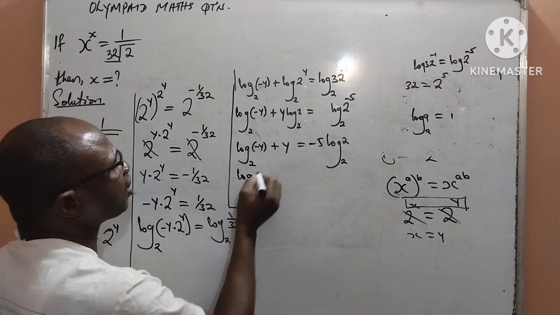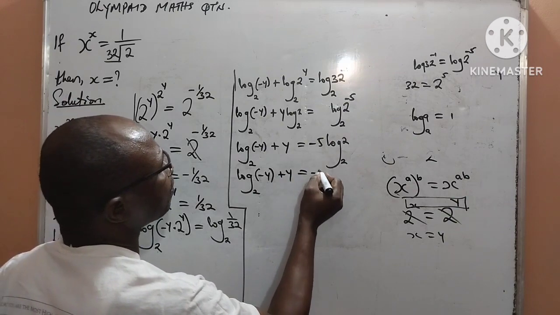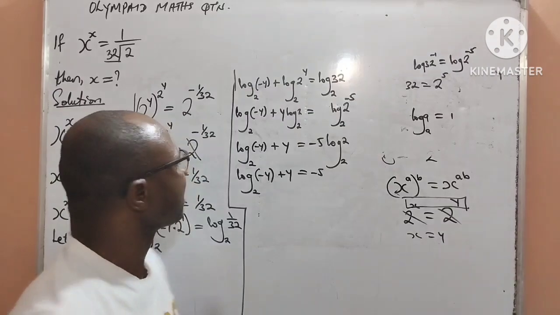So what I have now is the log of minus y to base 2 plus y equal to minus 5 multiplied by 1, which is equal to negative 5.